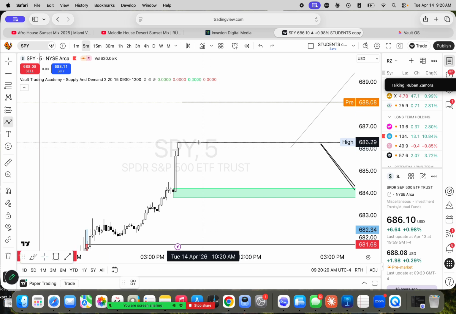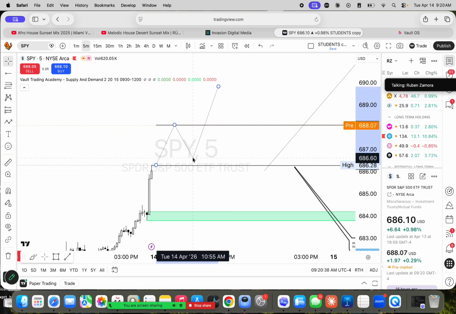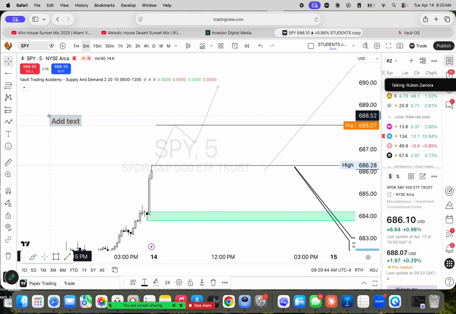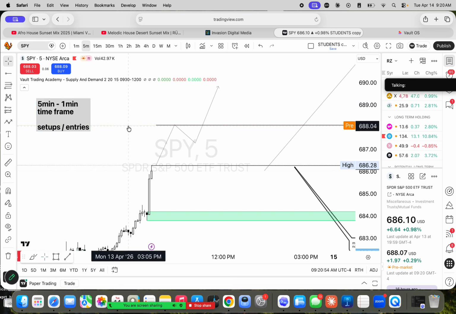I want to see a run up, a pullback, and then a run up again, okay? Or maybe just something like this. But I might just have to use the 5-minute into the 1-minute. So it's going to be something like this. 5-minute to the 1-minute time frame setups and entries, okay? Just like that, plain and simple.